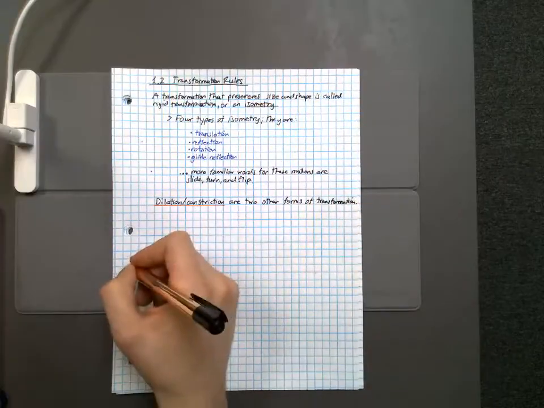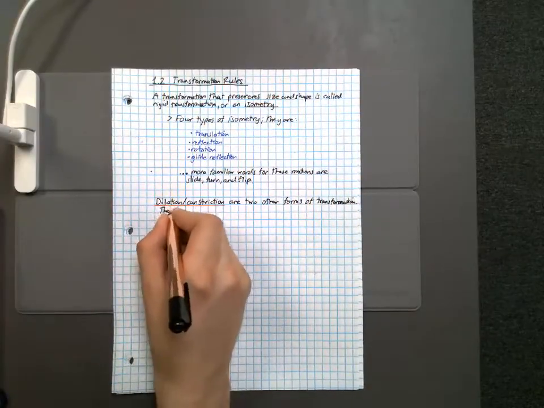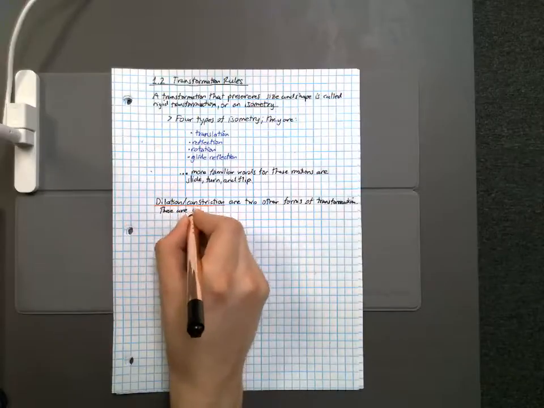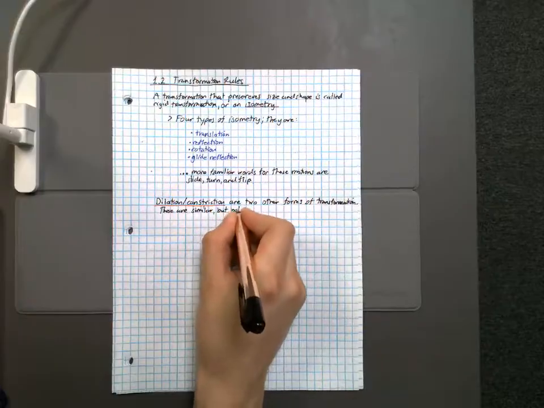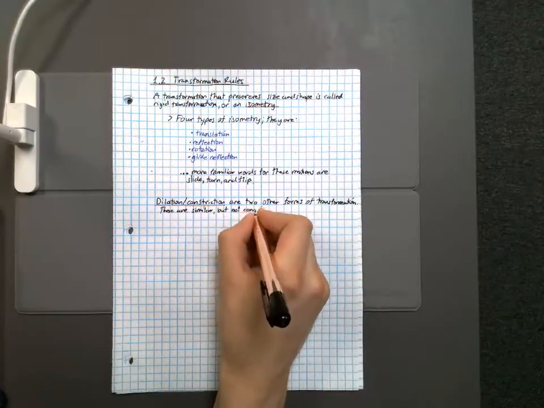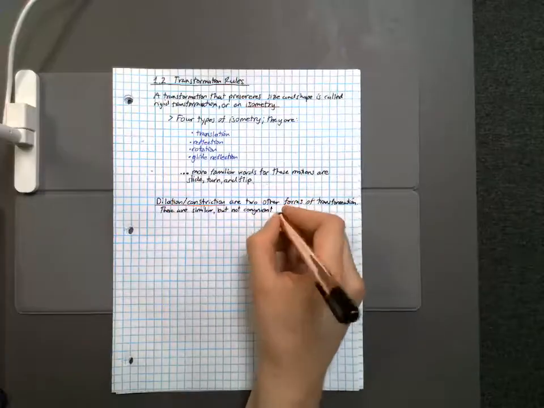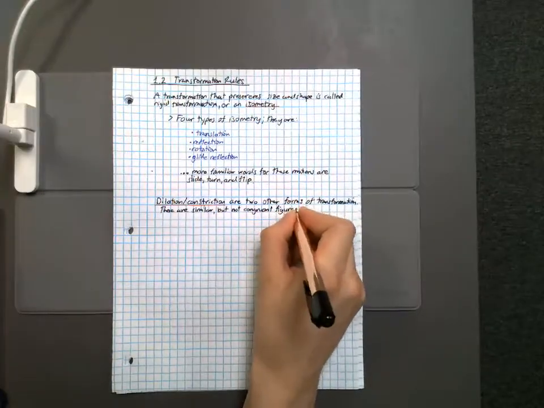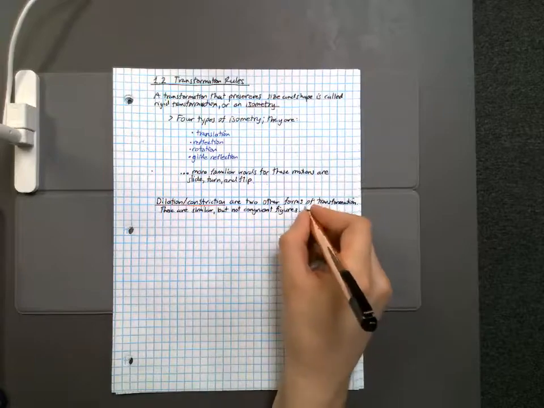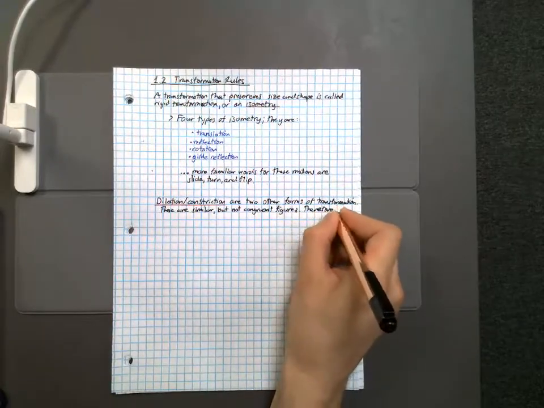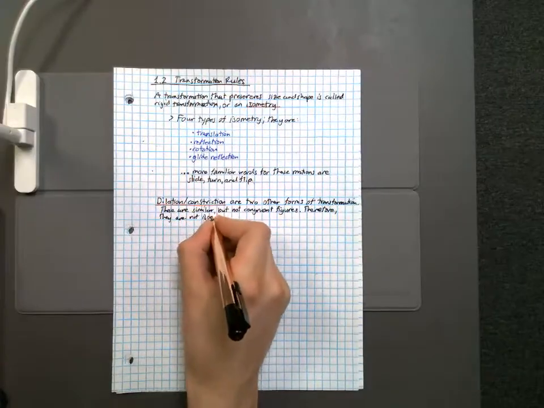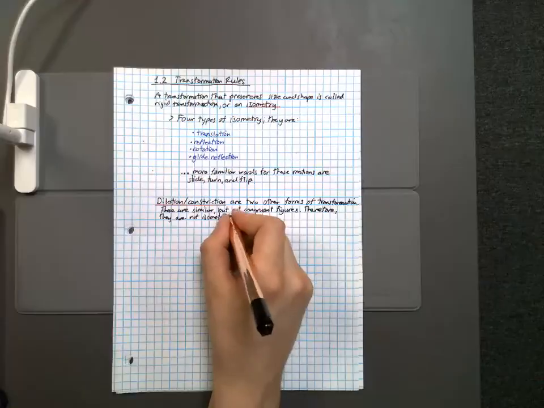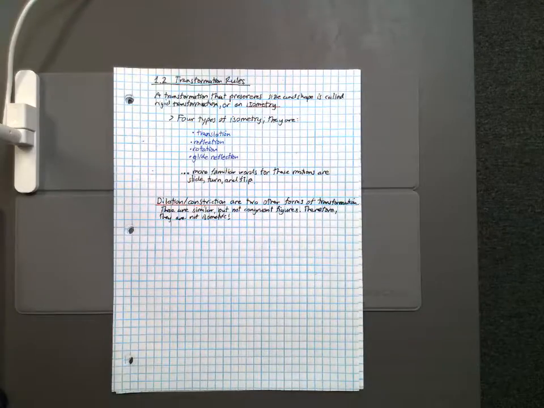Sorry, that's transformation. Let's cram that word down there. These are similar but not congruent figures. Therefore, they are not isometric. Okay, very important that you understand that. That's the only one really out of the 4 that does not apply. Okay.